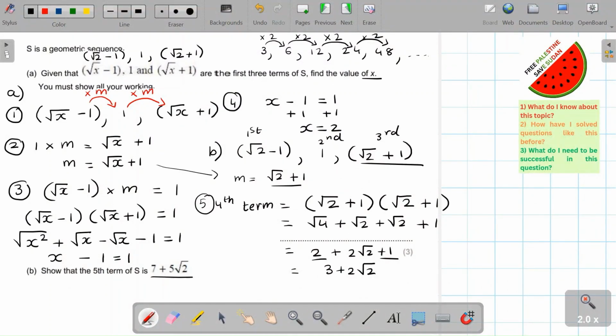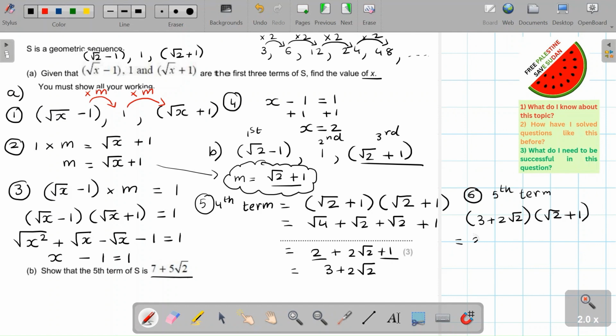And finally, the last bit. I'm struggling for space, so number 6 over here. I'm going to take the fourth term and multiply it by m, which was root 2 plus 1, as mentioned over here. So the fifth term would be 3 plus 2 root 2 times root 2 plus 1.